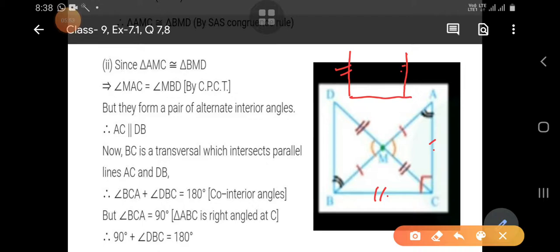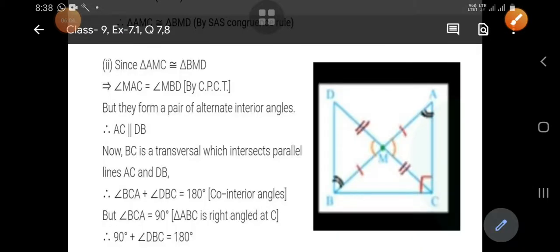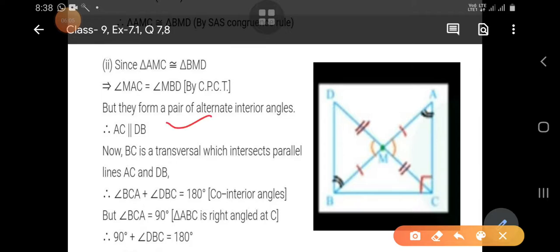That means the co-interior angles, this angle and this angle, will be 180 degrees. I have written here: since AC is parallel to DB, BC is a transversal, so angle BCA plus angle DBC will be 180 degrees, as these two lines are parallel and this is a transversal.